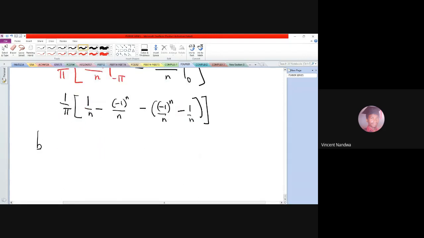So this will be Bn equals 1 over pi into 1 over n minus (-1)^n over n, minus (-1)^n over n plus 1 over n.